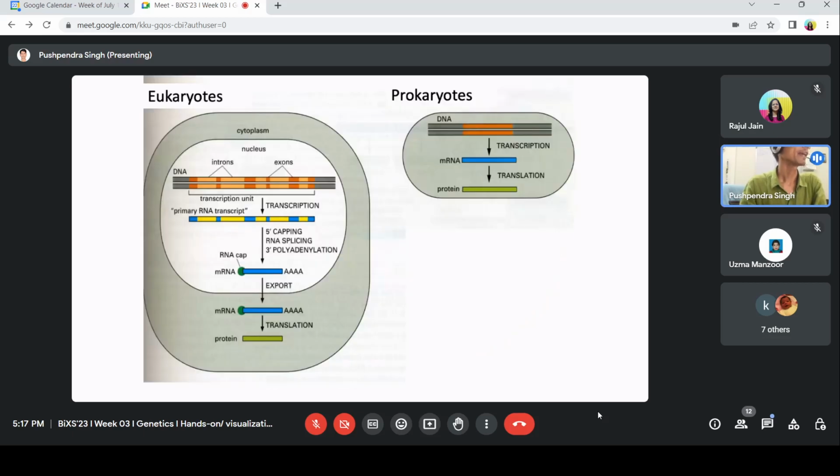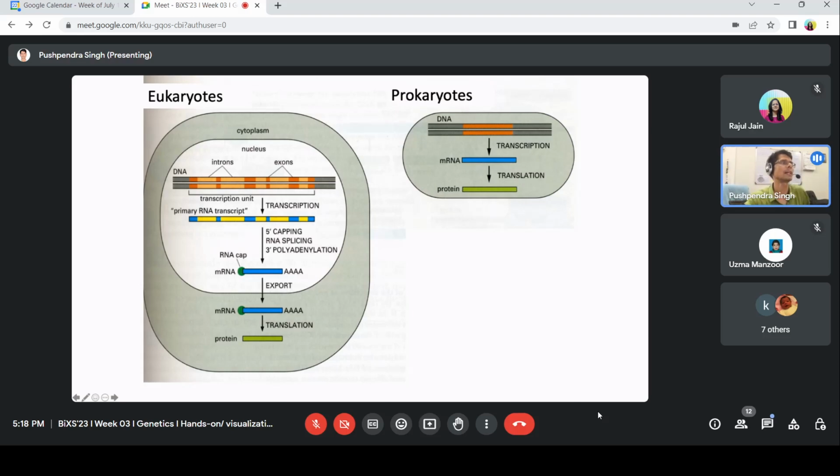For example, different animals and plants are eukaryotes, where the DNA is not present directly inside the cytoplasm, but there is a nucleus inside which the DNA is present, and DNA is then transcribed into RNA, and that RNA comes out of the nucleus, and that is converted into protein by the process of translation.